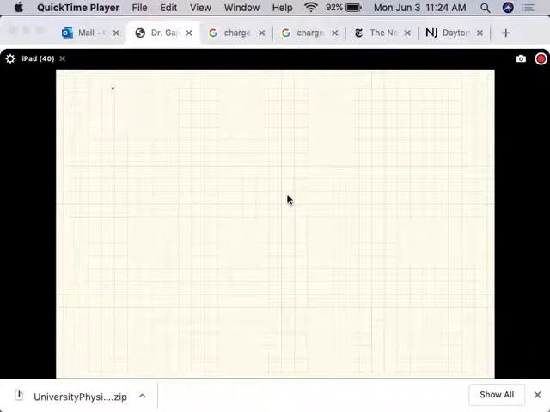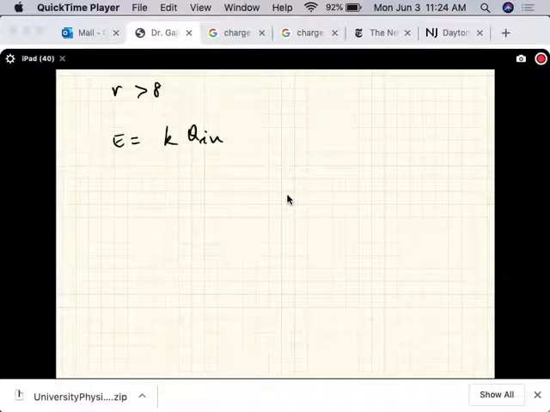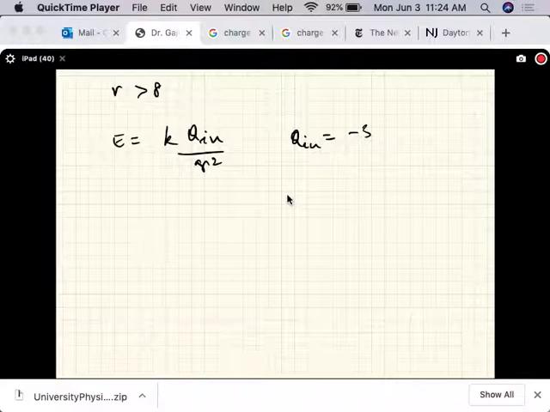Okay, so for R greater than 8, the electric field is again K Q inside divided by R squared, where Q inside is minus 3 microcoulombs.